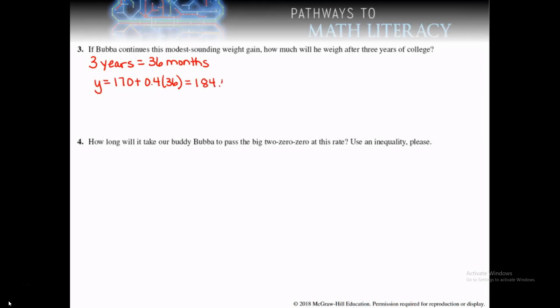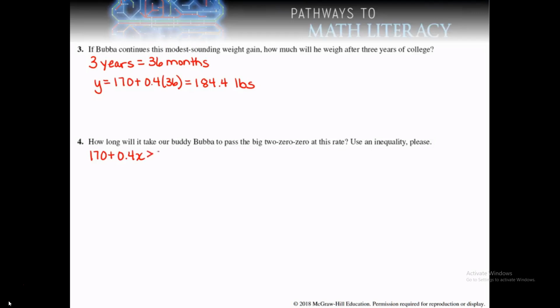And then in question 4, how long would it take to pass 200? And they want us to use an inequality. So we're going to say that we know his weight is represented by 170 plus 0.4x, and we want to know how long that would take to be greater than 200. And then we can get x by itself.